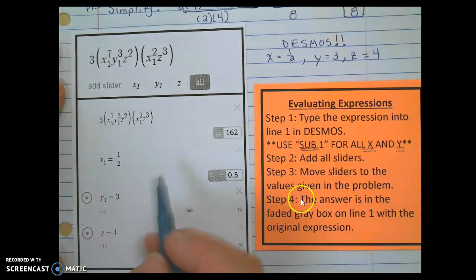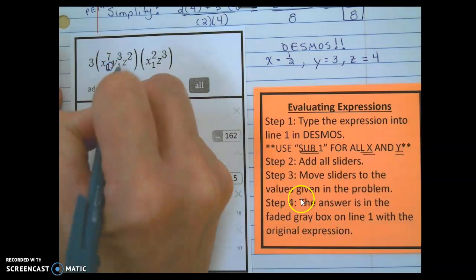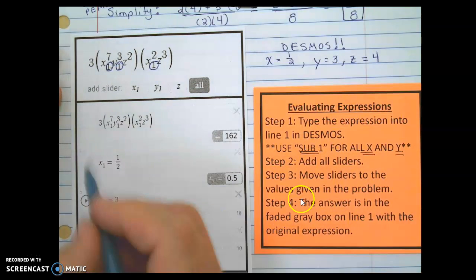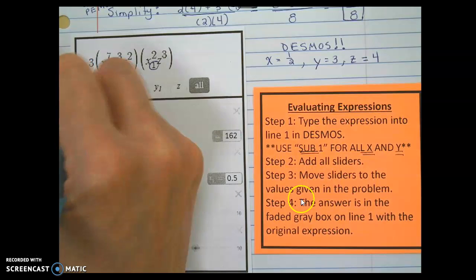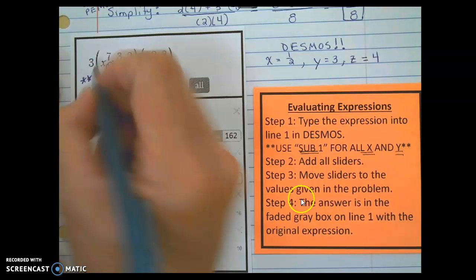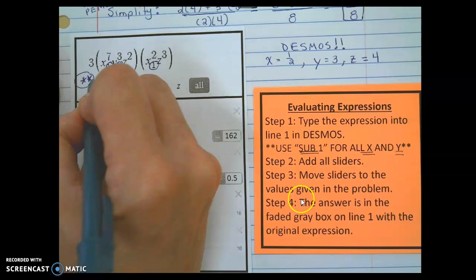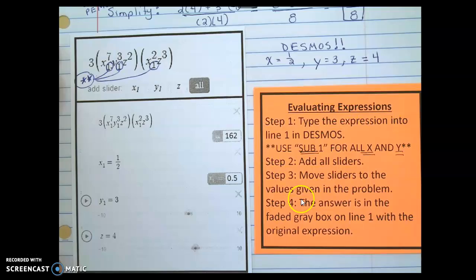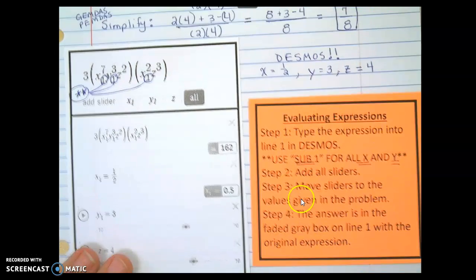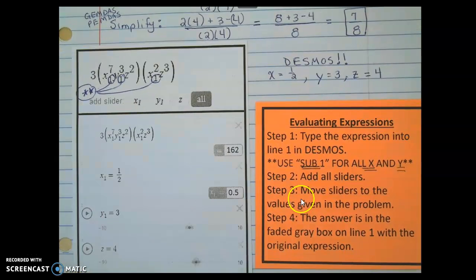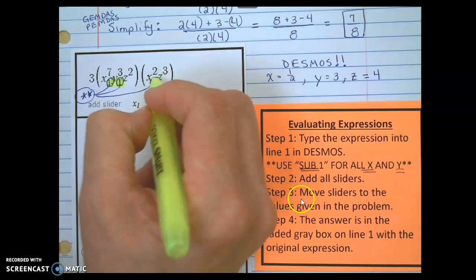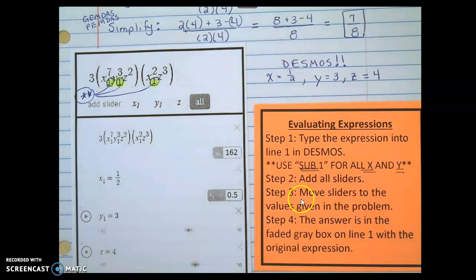So that is such an important fact. We are going to circle this x1, that y1, x1, and we are going to make little stars and draw an arrow to these values. x1, y1. Pull out your highlighter. Very important. If you do not get add sliders, then you have forgotten the one.